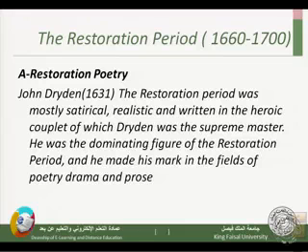How was the poetry in the Restoration period? The poetry of the Restoration period was mostly satirical, realistic, and written in the heroic couplet, of which Dryden was the supreme master. So remember that Dryden was the most important poet during that time.